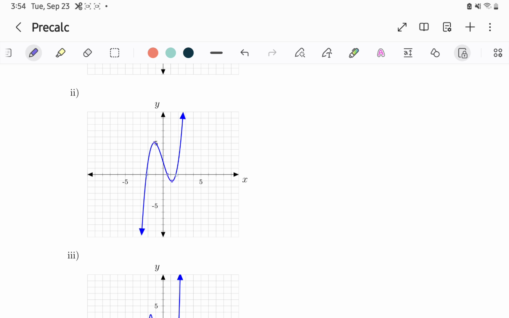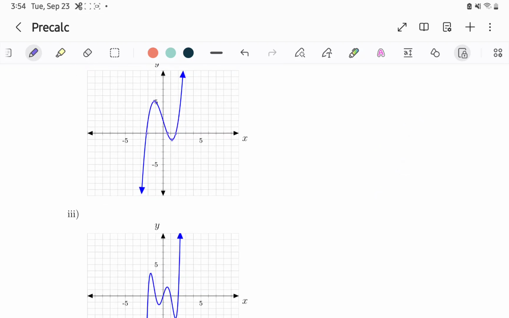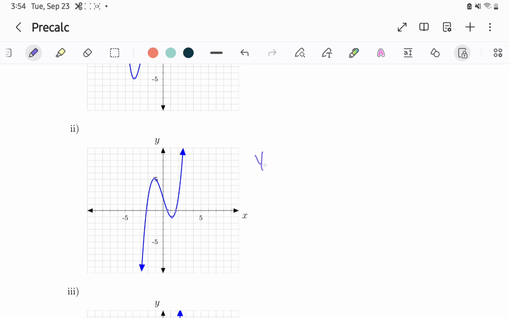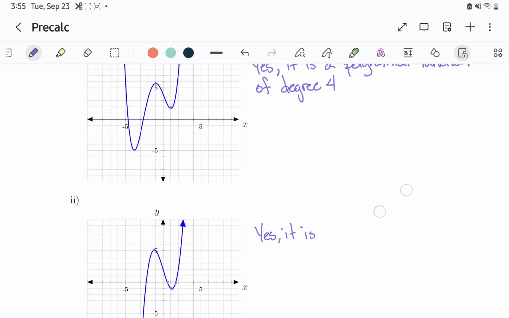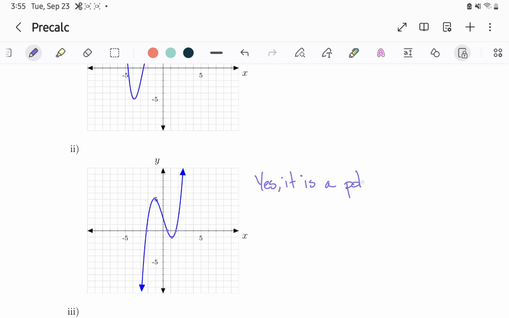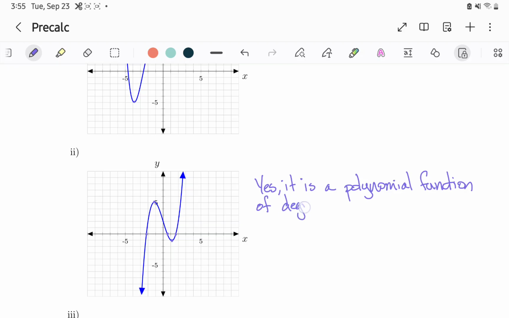And it has 1, 2, 3 zeros. So we could say yes, it is a polynomial function of degree 3 or possibly 5, because even though we can only see 1, 2, 3 zeros here, that doesn't necessarily mean that the degree is 3.